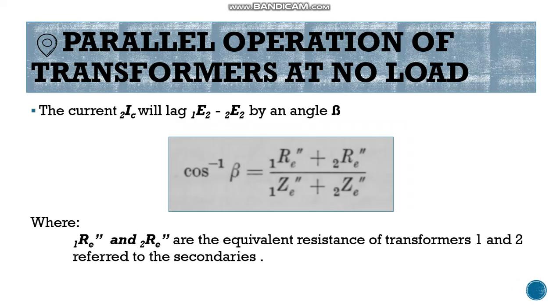The circulating current will lag the secondary voltage of transformer 1 minus the secondary voltage of transformer 2 by an angle beta. Therefore, cosine inverse of beta is equal to the sum of the equivalent resistance of transformers 1 and 2 divided by the sum of the equivalent impedances of transformer 1 and 2 referred to the secondaries.